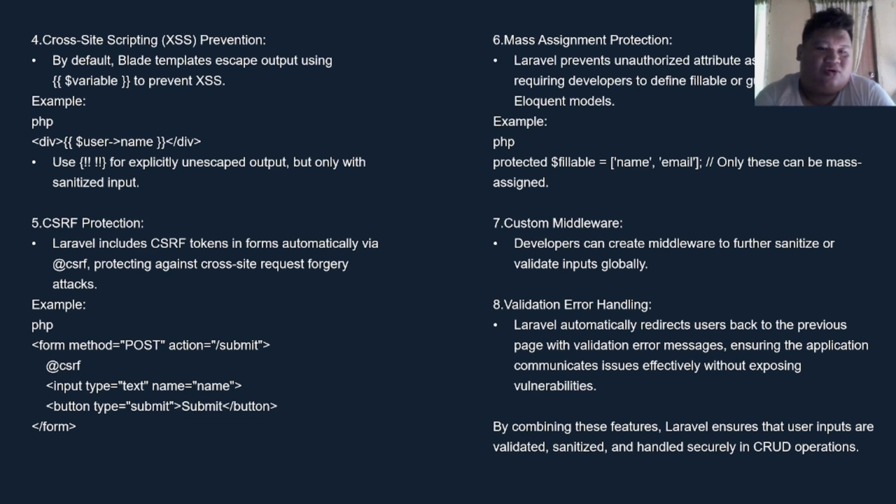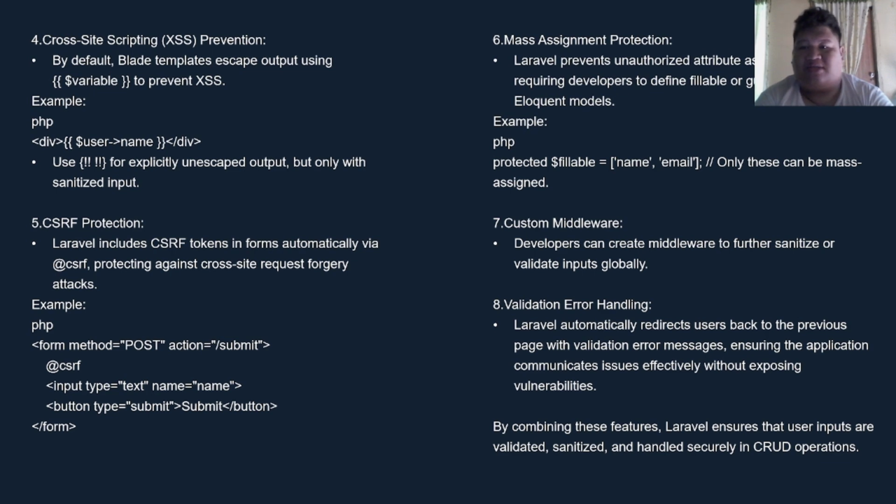CSRF protection: Laravel includes CSRF tokens in forms automatically via @csrf, protecting against cross-site request forgery attacks. For example, form method post action submit, @csrf, input type text name equals name, button type submit.